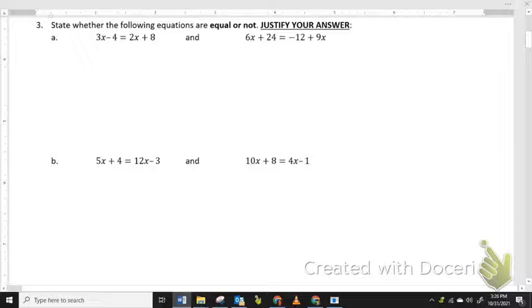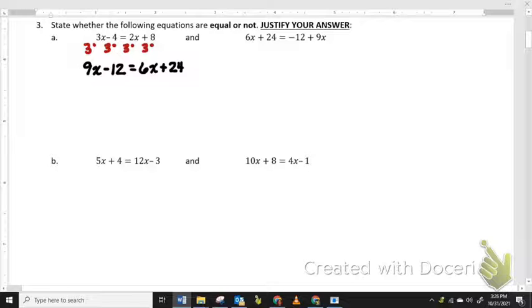If I just multiply everybody over here by 3, it might help me see this a little bit easier. So when I do that, I get 9x minus 12 equals 6x plus 24.